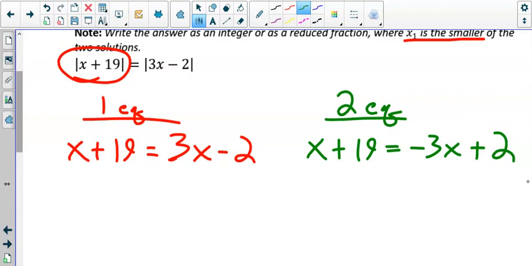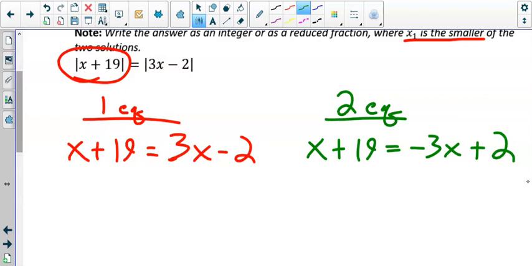The first equation, it's just like we drop everything. But it's got to be by itself first. Okay? Second equation, we drop the absolute value, and we make the right side all the opposite signs. Positives become negatives, negatives become positive. And now all we got to do is solve, and we got our answers.